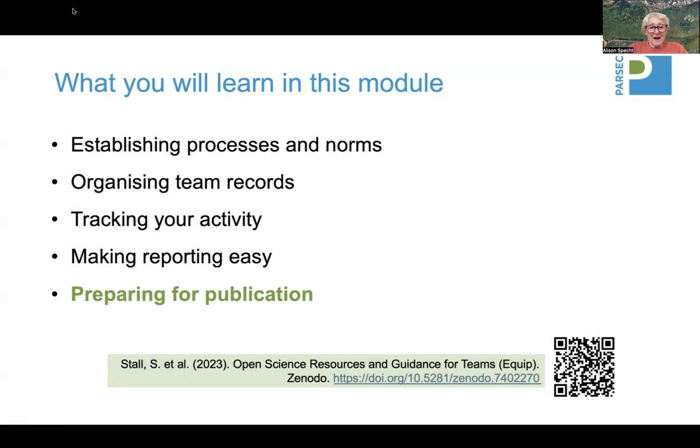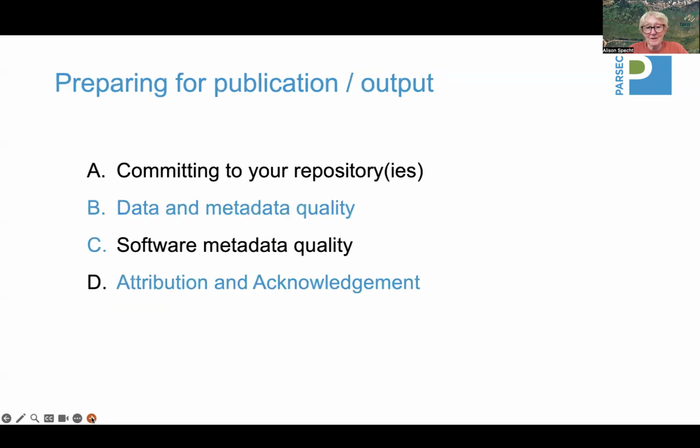So we are now at the last phase of this particular module, preparing for publication. You will hear more in the next module, but there are 4 items here I wish to discuss.